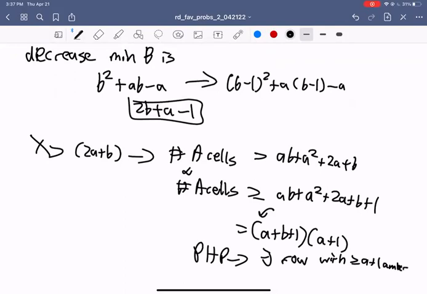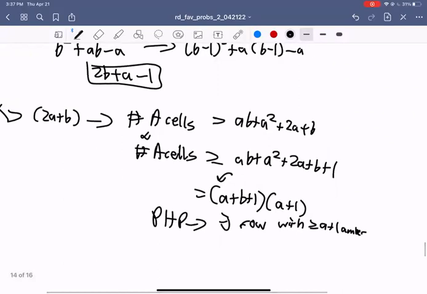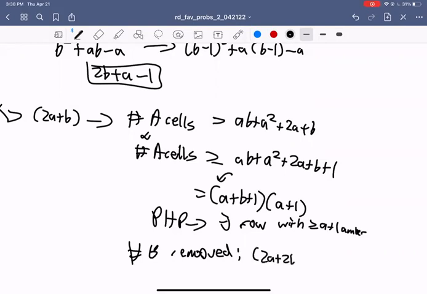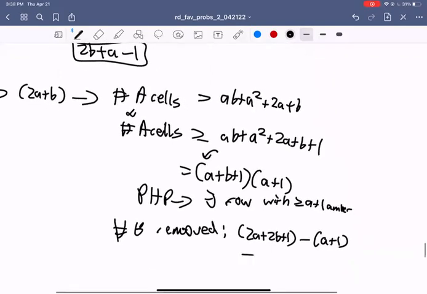And we want to remove a bronze cell, which means that the amount of bronze cells being removed in total, if there is a bronze cell in the row, would be 2A plus 2B plus 1 minus A plus 1 as a minimum. And this is equal to A plus 2B.